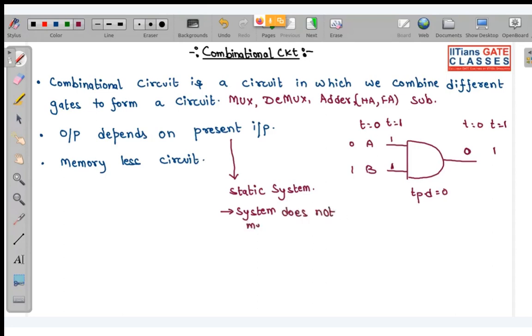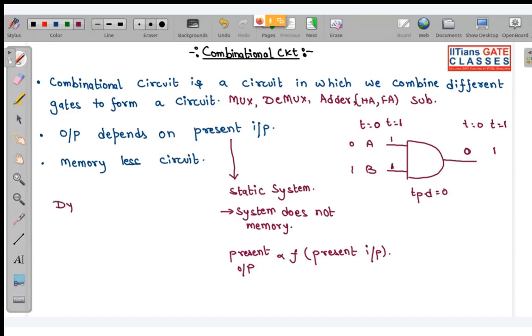What do we mean by that? It means your present output is a function of present input. So this is what a combinational circuit is, a static system.